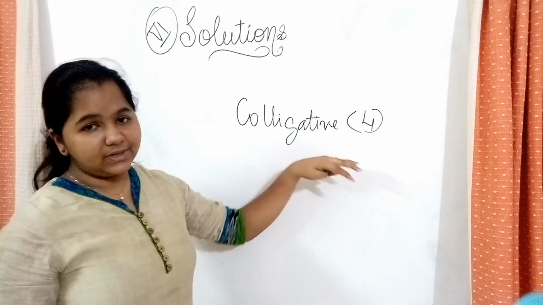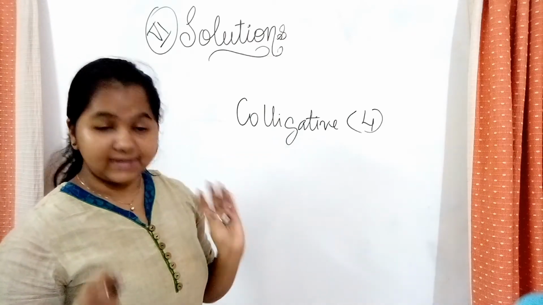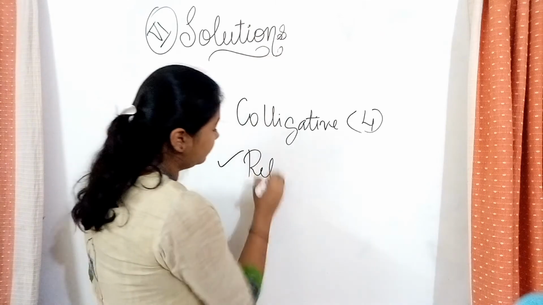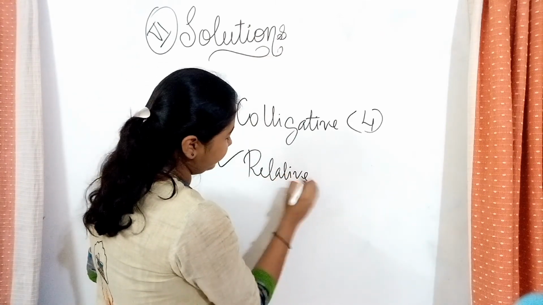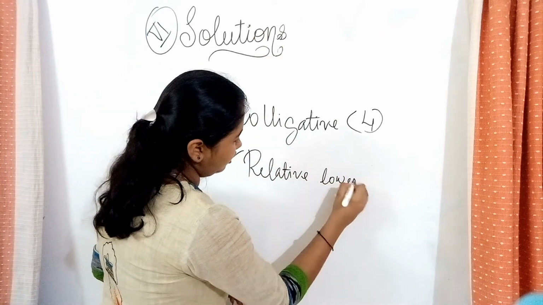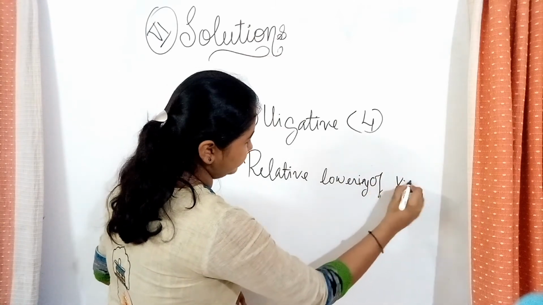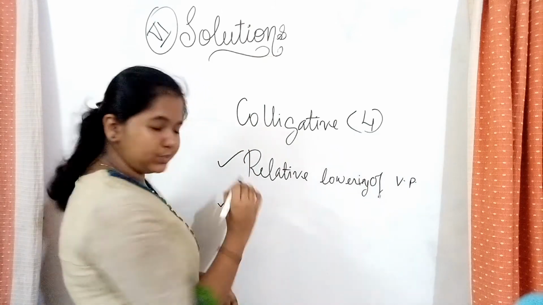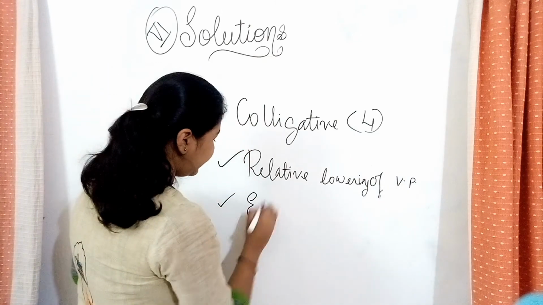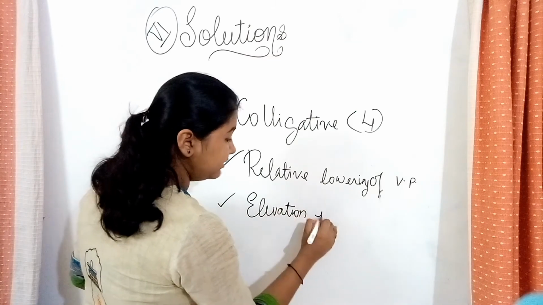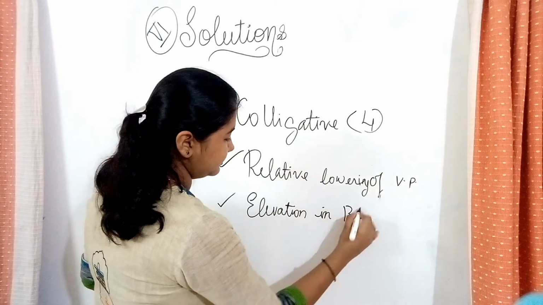These colligative properties, which were the 2 that we learned? First one was relative lowering of vapor pressure. And the second one that we learned was elevation in boiling point.